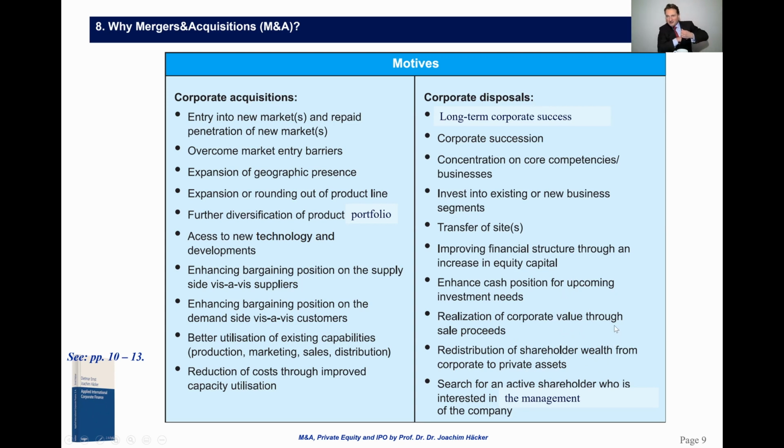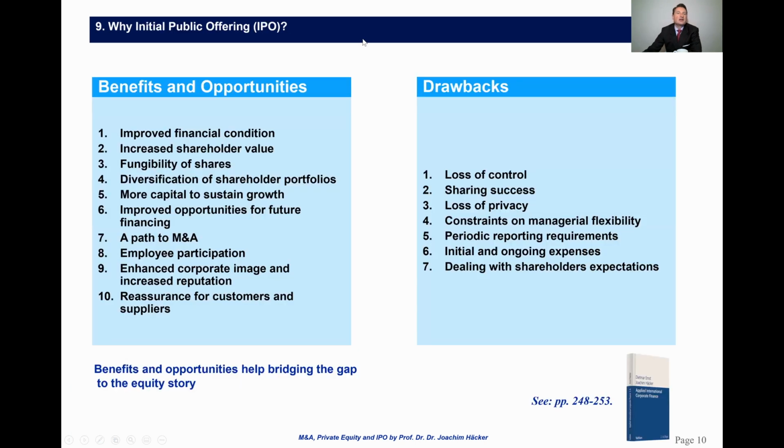You want to put the money into your own pockets, basically. And you want to search for an active shareholder who is interested in actually managing the company. So these are all motives for M&A. Why are we actually carrying out an M&A? Question number 9, why do we go for an initial public offering?